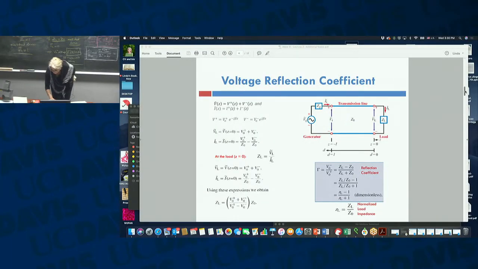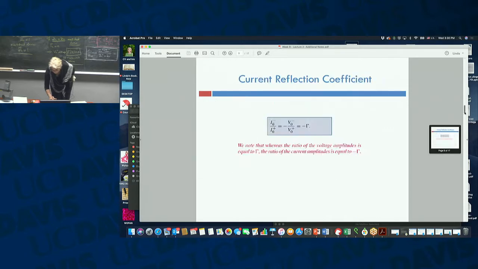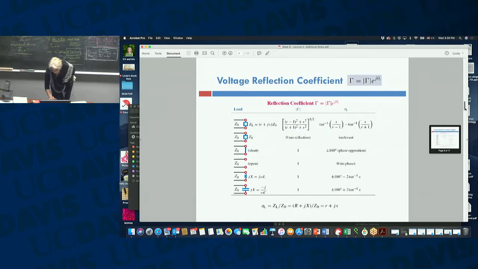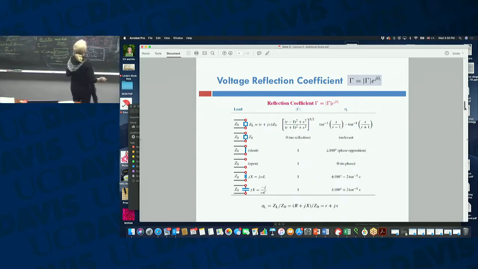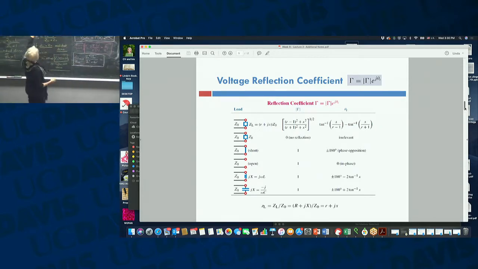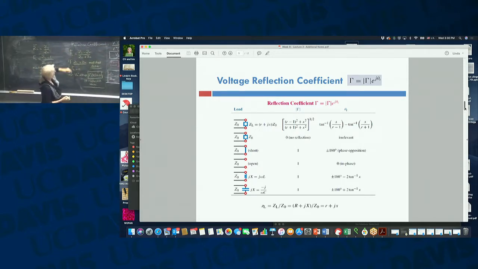Then, any questions? Then the book gives different examples, but I will do a few here. I would like you to feel comfortable with this, so we are going to do a few, and then I would like you to do the rest.